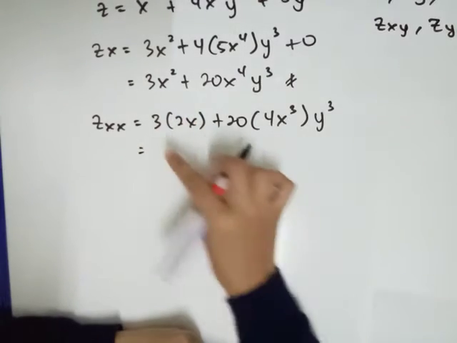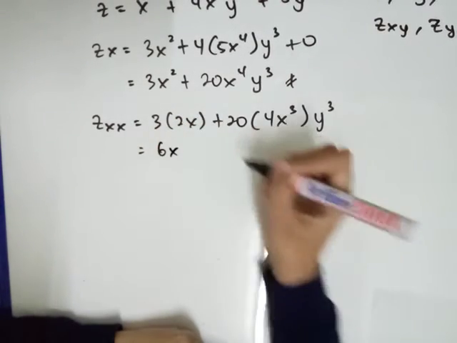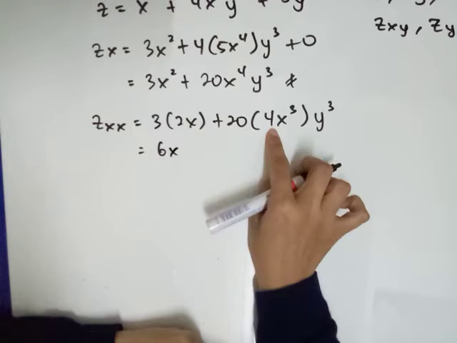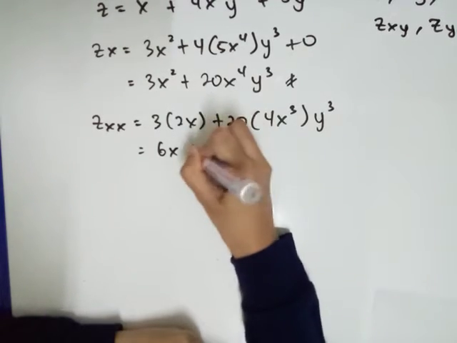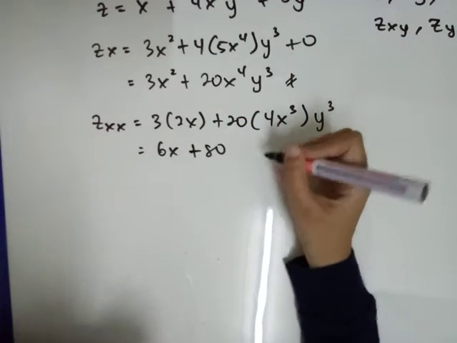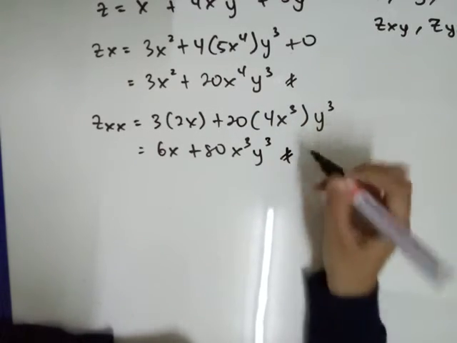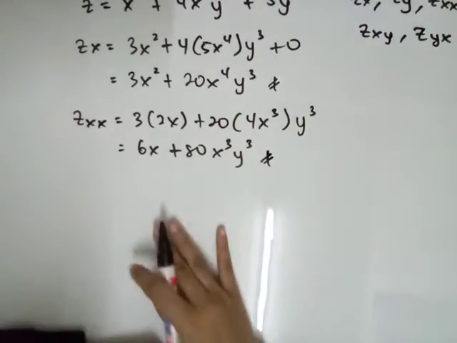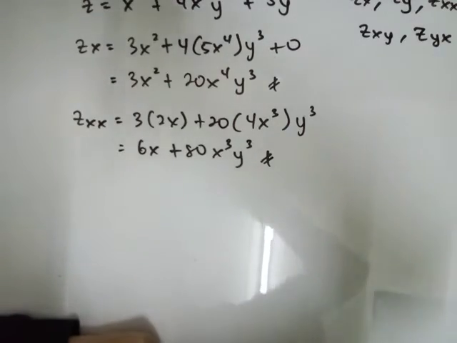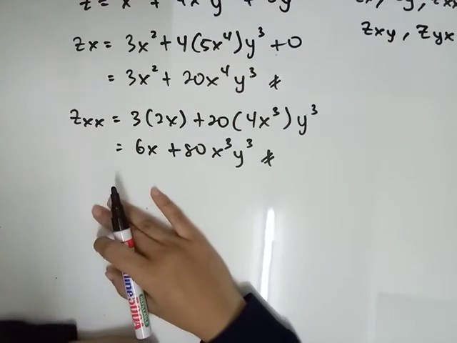Then you need to solve. 3 times 2, we get 6x, 20 times 4, we get 80x cubed y cubed. So this is the answer for zxx. Boleh nampak dah?